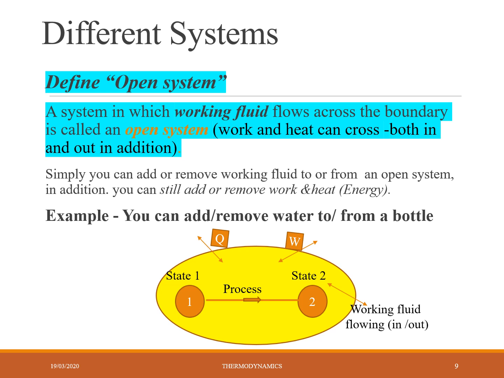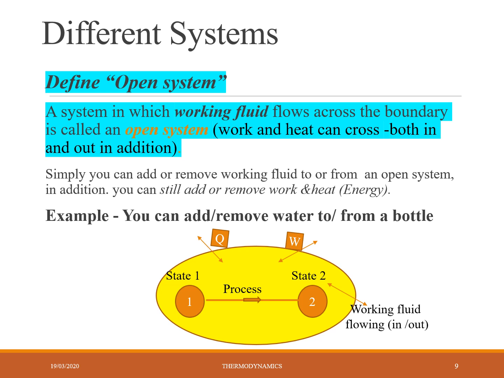Simply, in an open system, all three transfer quantities can flow inside or outside: working fluid, heat, and work. Such systems are called open systems.